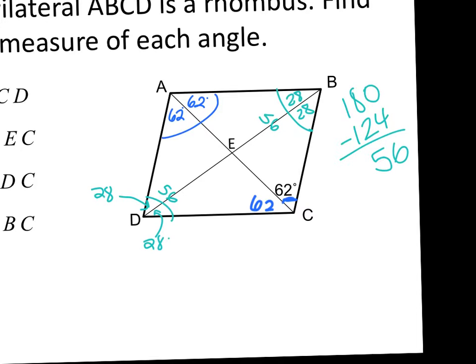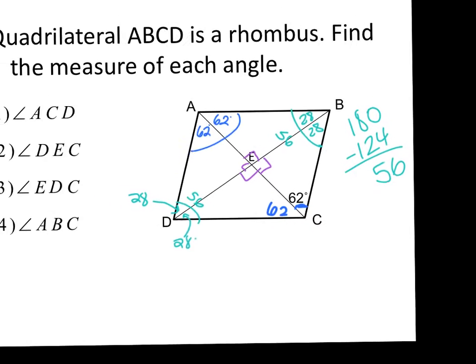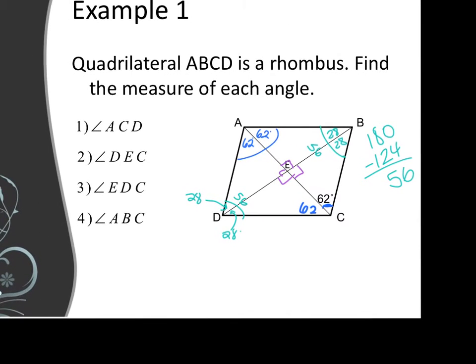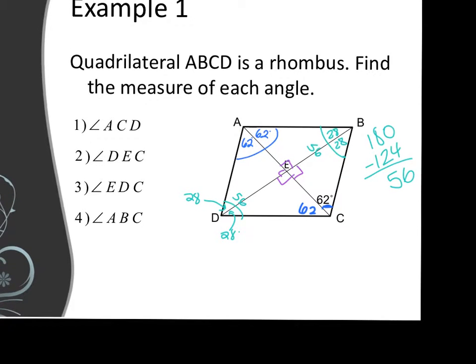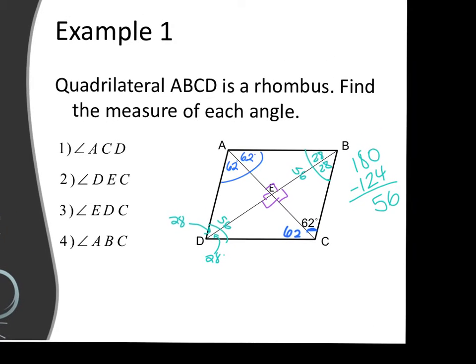And then there are 4 more angles in there where the diagonals meet. What do I know about those? They're right. Good. These are perpendicular, so each of these are 90. Now, I already have it labeled, so it should be easy to answer these. Angle ACD, which is here, is 62 degrees.